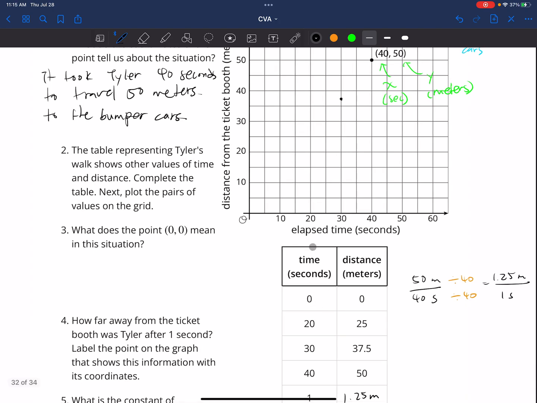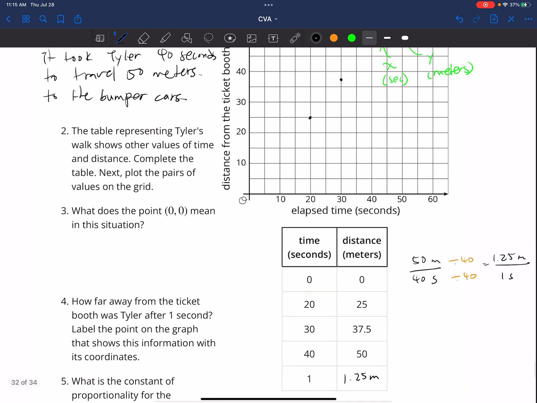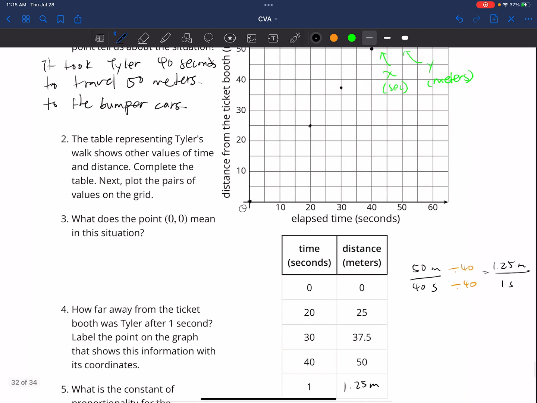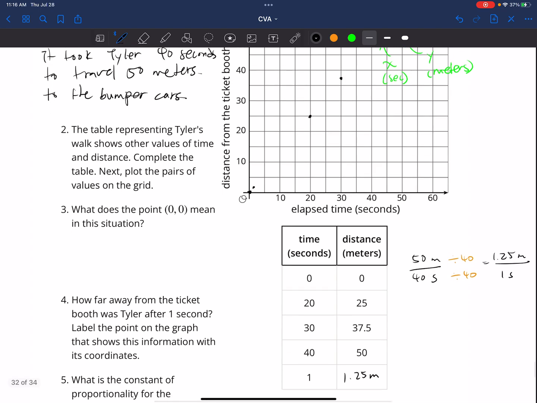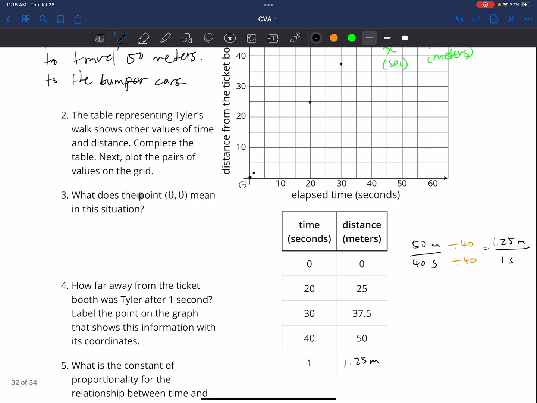And then 20 and 25, that's like right there. And then 0, and then 1 and 1.25. That's kind of hard to do. I'm guessing it's something like that. Okay, so I did that.